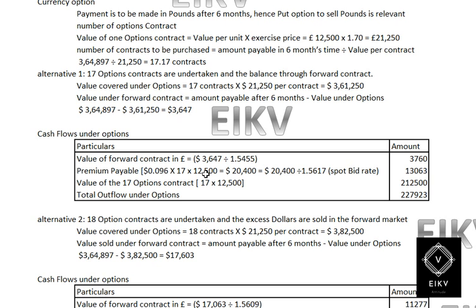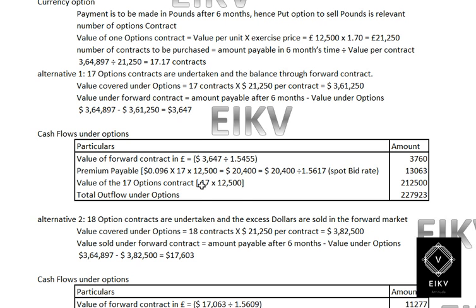The premium payable would be 0.096 into 17 contracts into 12,500 units per contract, that equals 20,400, which should be divided by 1.5617, that is the spot bid price, which gives you 13,063.